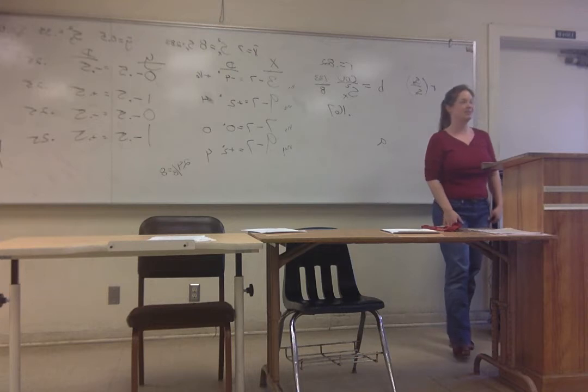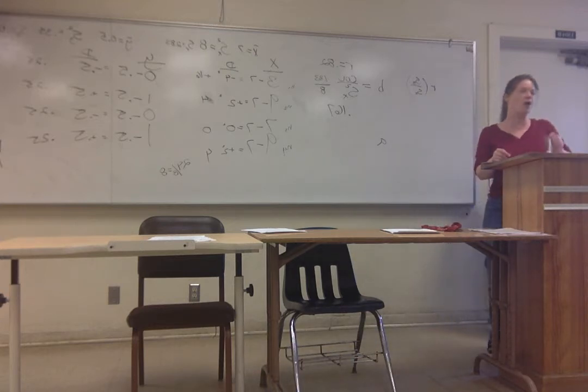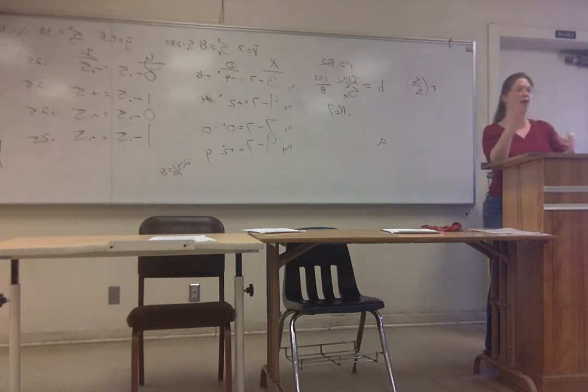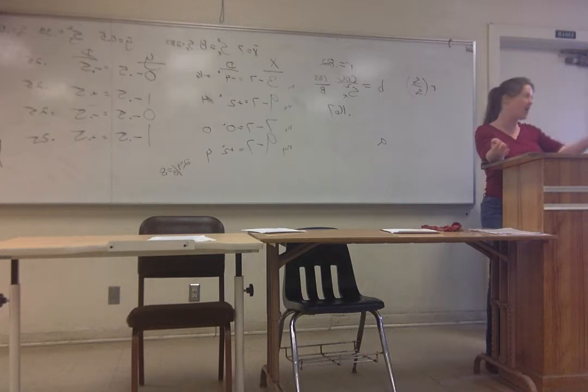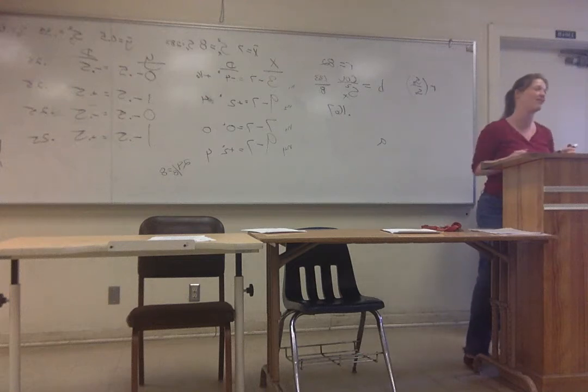When x changes by 1, y changes by the slope. Does that make sense? Because the slope is rise over run. So as you move over 1 on x, y changes by the slope, by the steepness of that line.